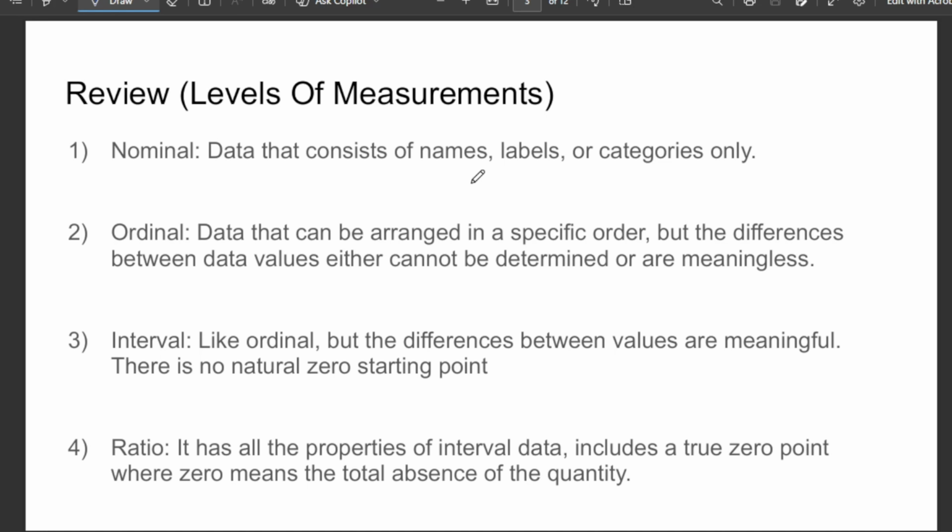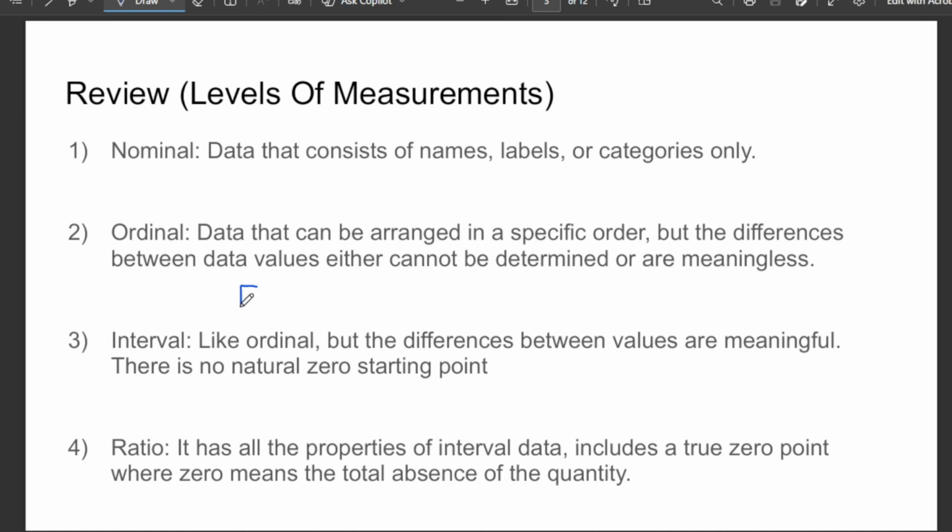How about ordinal? Ordinal is data that can be arranged in a specific order, but the difference between data values either cannot be determined or is meaningless. So this has to be a specific order. For example, grades.